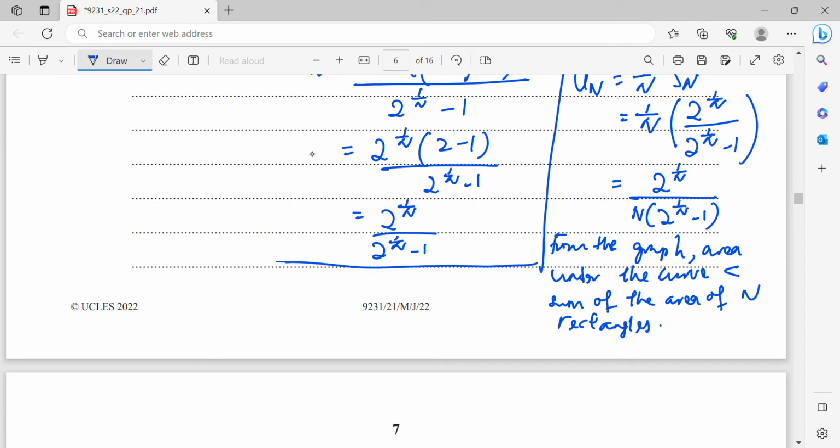Therefore, the integration from 0 to 1 of 2 to the power of x dx is less than Un, where Un equals this term.